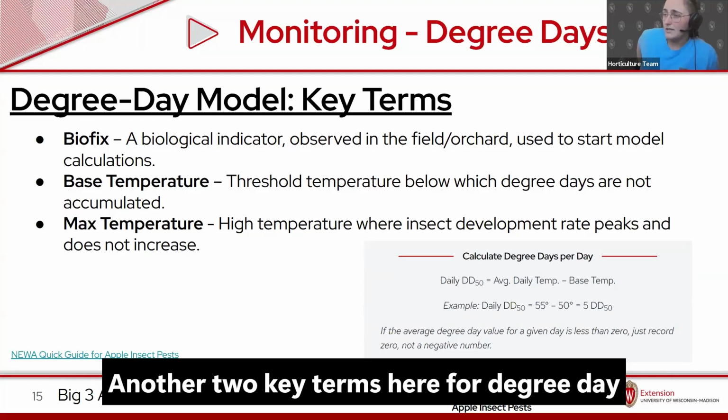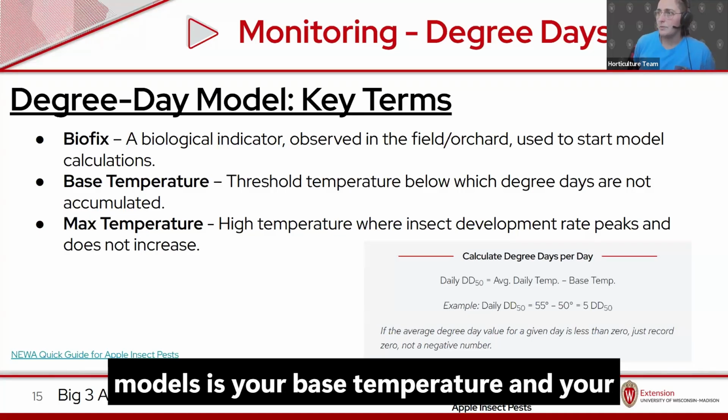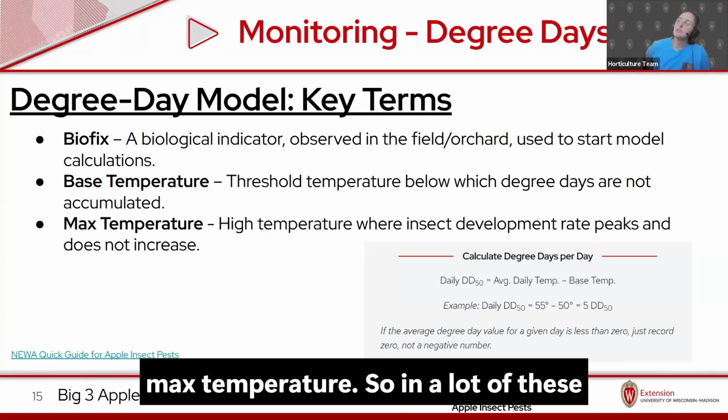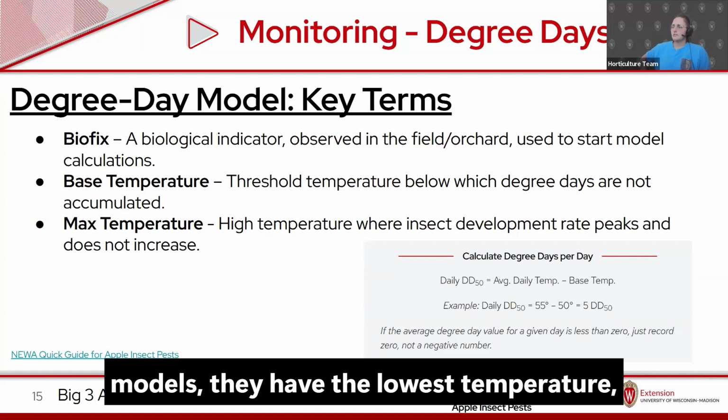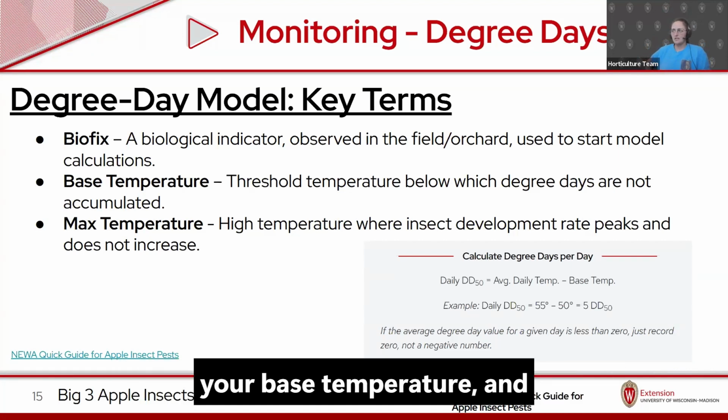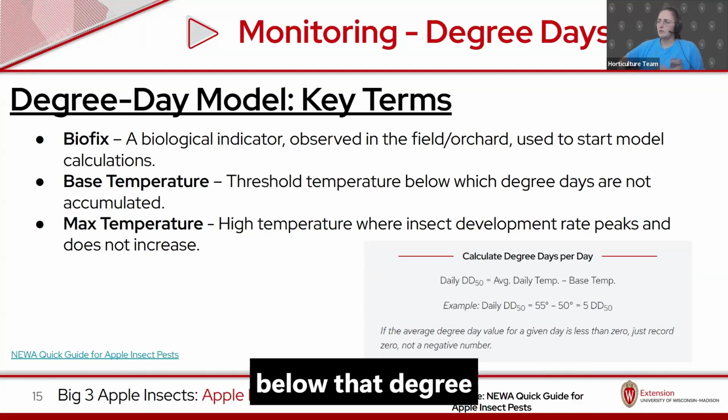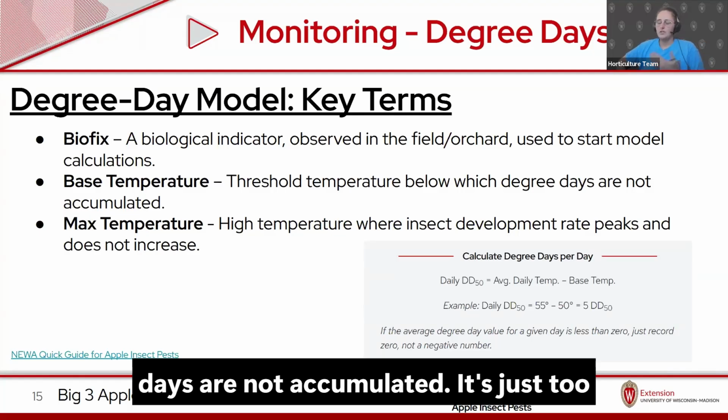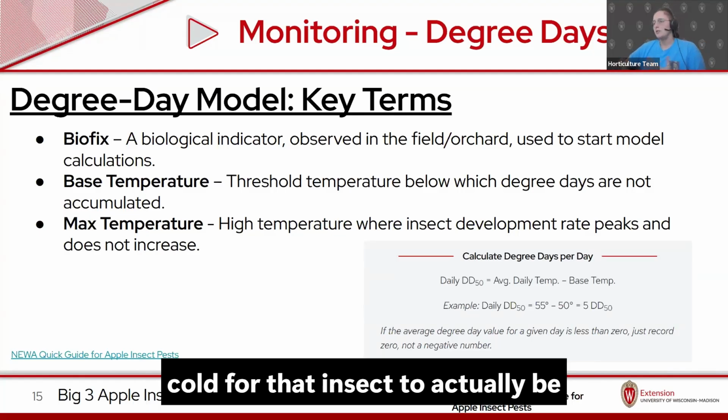Another two key terms for degree day models are your base temperature and your max temperature. In a lot of these models, they have the lowest temperature, your base temperature, and any temperatures that drop below that, degree days are not accumulated. It's just too cold for that insect to actually be developing.